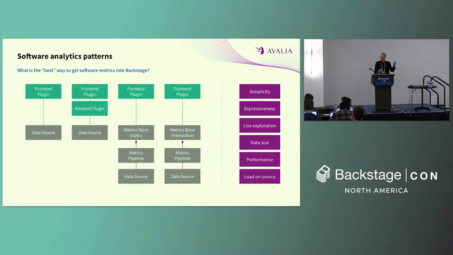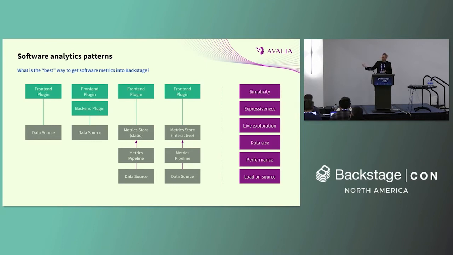We create a front-end component that directly talks to a data source. Again, maybe it's GitHub, you use the GitHub API. Maybe it's one of the APIs exposed by Backstage. But you extract data that is ready to use, and you make it visual.